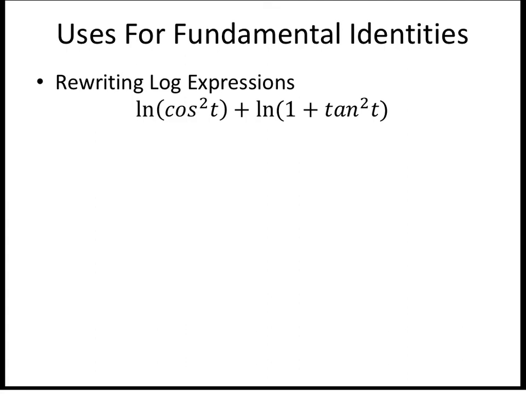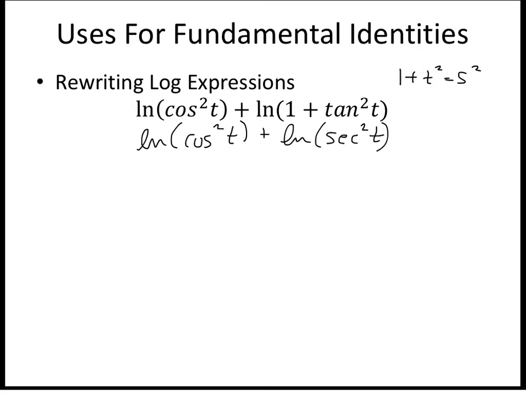So I look at 1 plus tangent squared of t, and I see that it corresponds to my identity 1 plus tangent squared equals secant squared. So I can make the substitution and I have natural log of cosine squared t plus natural log of secant squared t.